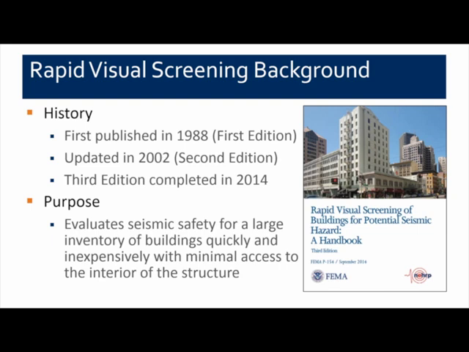The purpose of this is to evaluate the seismic safety for a large inventory of buildings quickly and inexpensively with minimal access to the interior of the building. So if you have a large portfolio of buildings that you want looked at, to do a screening to figure out which buildings are hazardous and which ones are not, this would be a very useful first step.